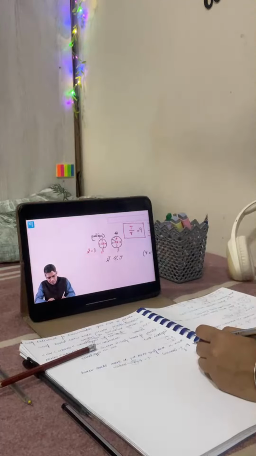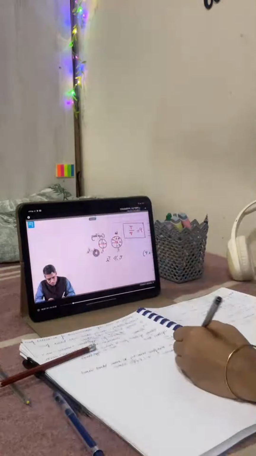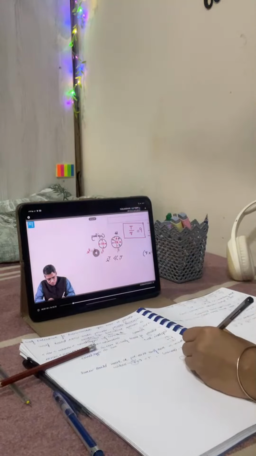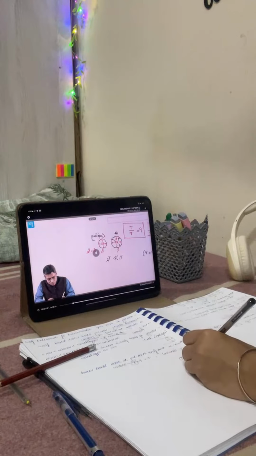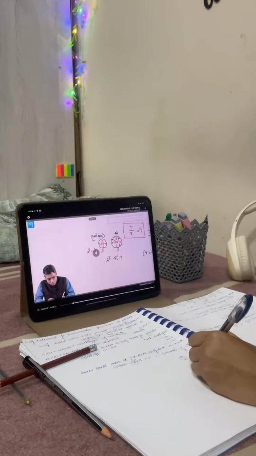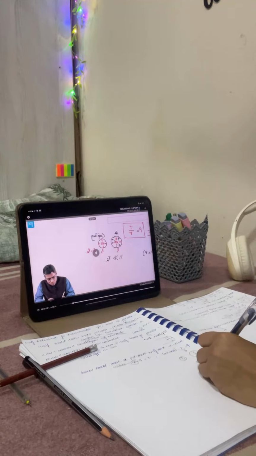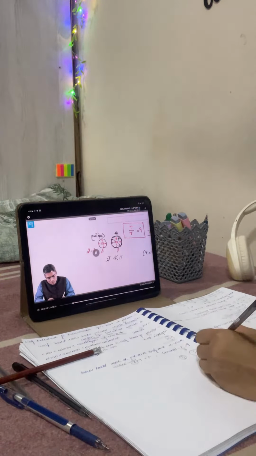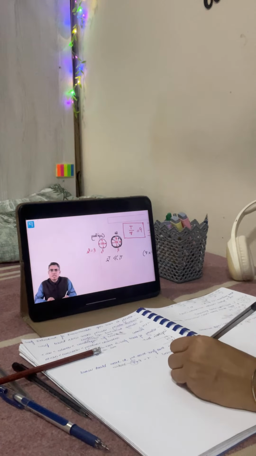Because of the larger radius, the large vessel wall will develop more tension, so there is more chance of rupture of this large vessel than this small vessel.